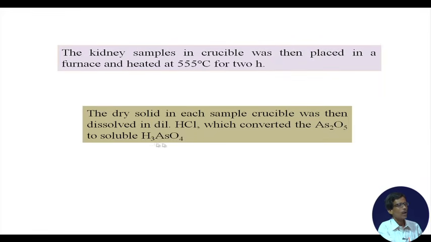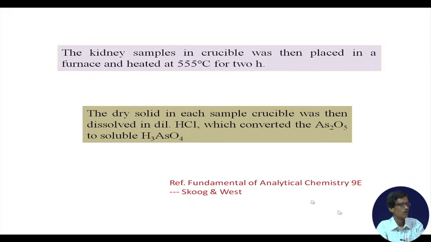So, how do we analyze this? This example comes from a reference book, Skoog and West, Fundamentals of Analytical Chemistry. You can go through this book for this particular example.